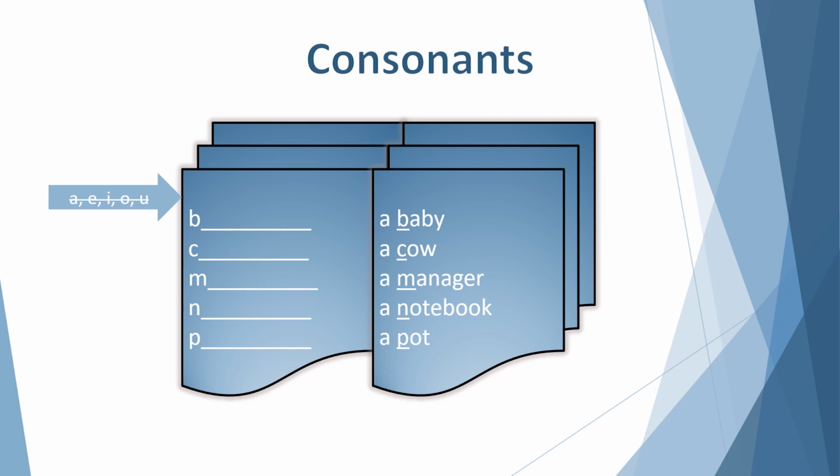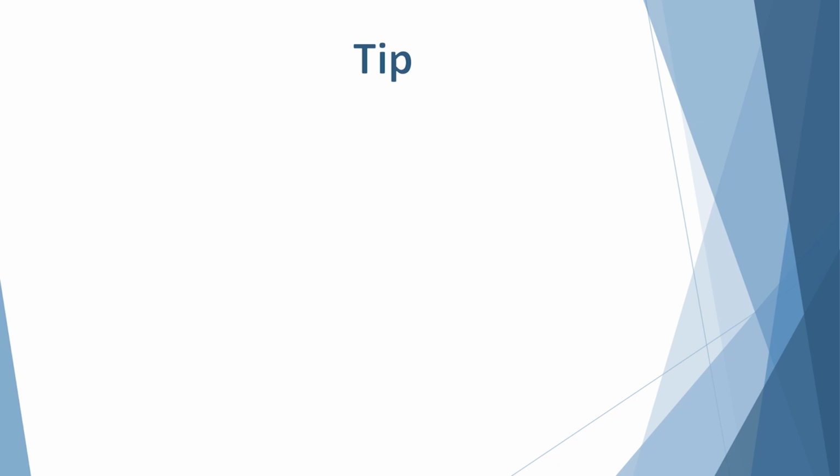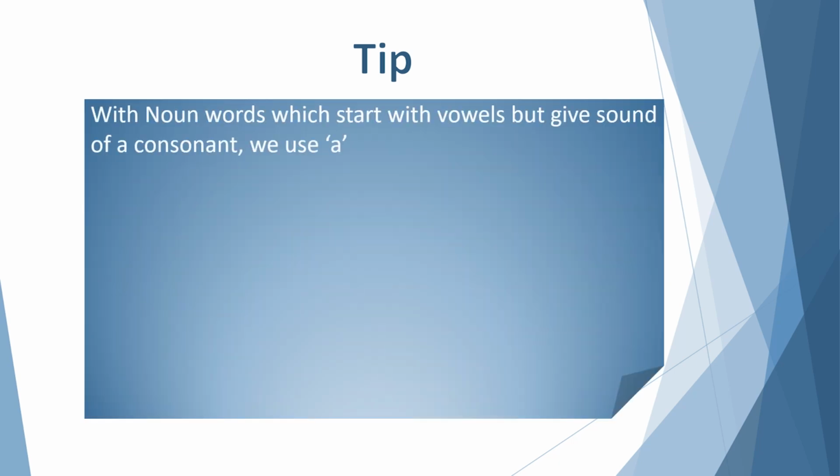A very important tip to keep in mind is that with noun words which start with vowels but give the sound of a consonant, we use a. For example, a university. So although the word starts with u, a vowel, it gives the sound of a consonant, y.